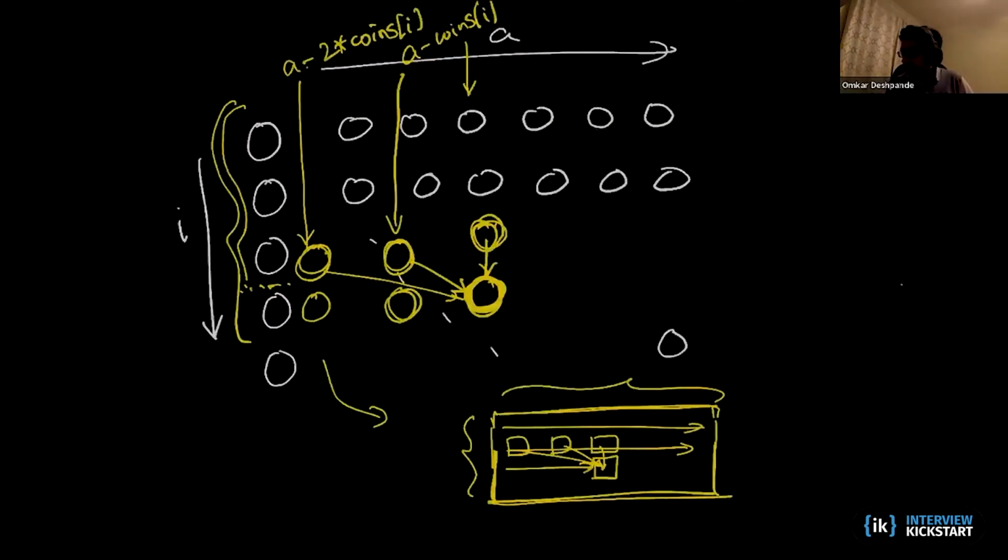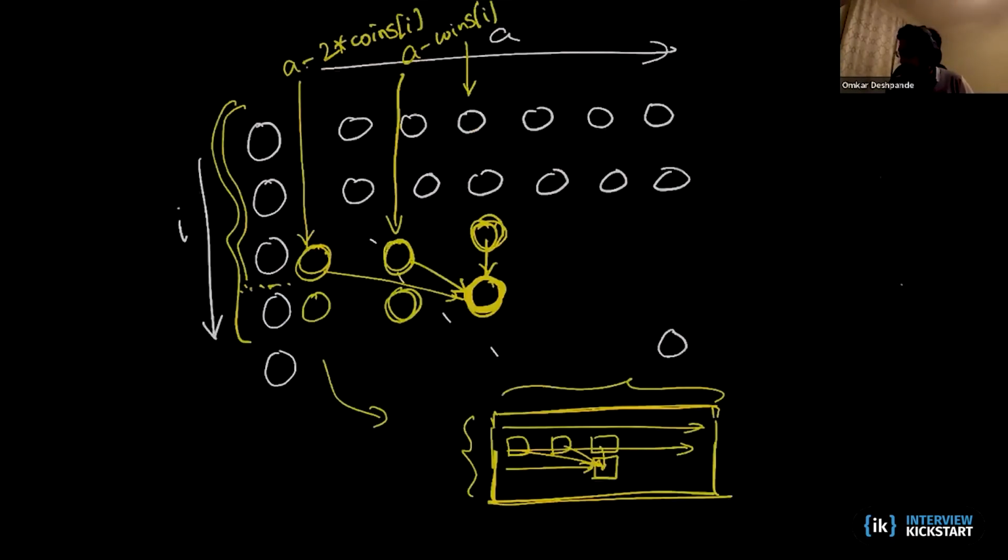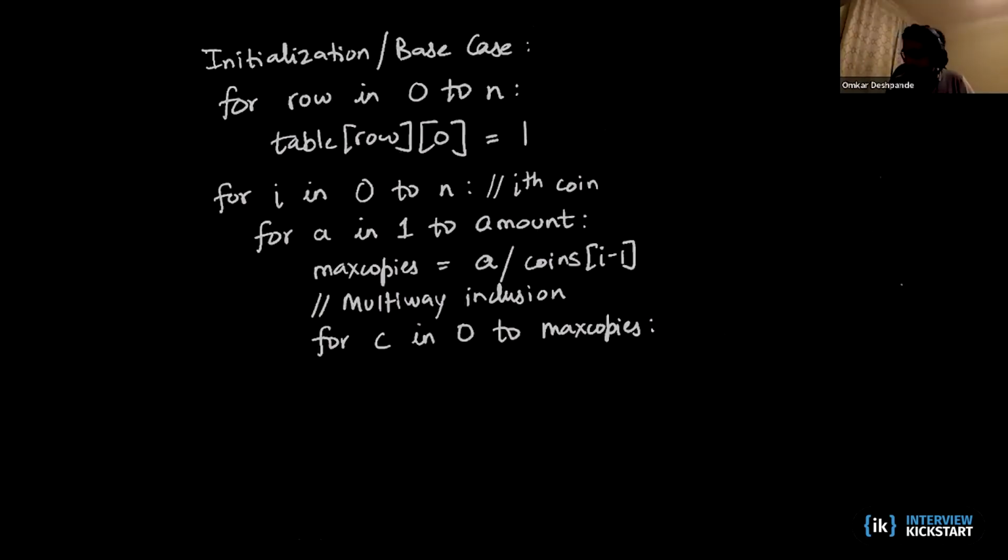Right, this is where we are trying out each of these, making each of these choices and looking back at either this value or this value or a bunch of values on the left, but the previous row. So we will take the solution from each of those cells and add it to this cell. So the value in this cell, which is row I column A, will increase by the count that is returned to us by our corresponding subordinate.